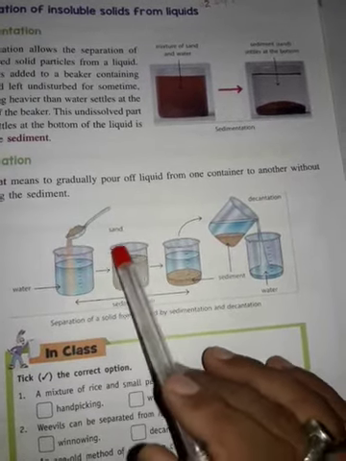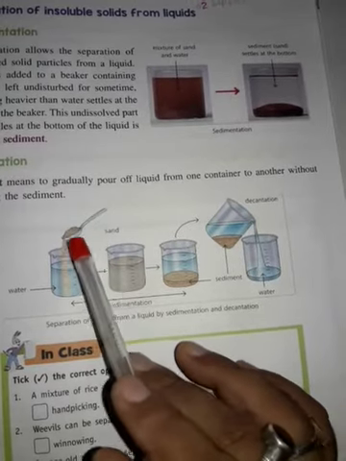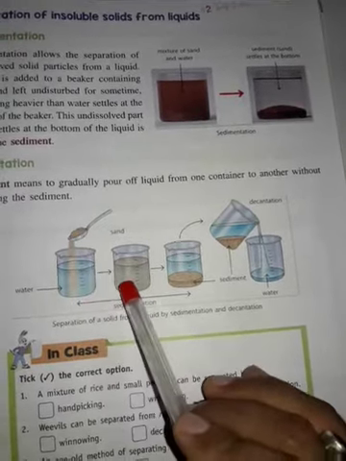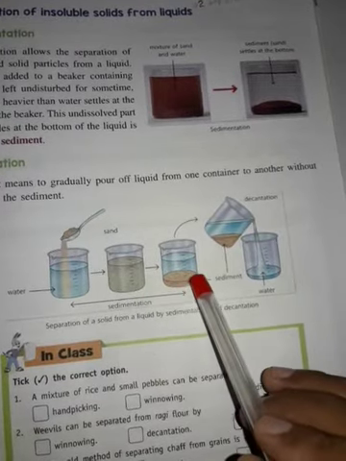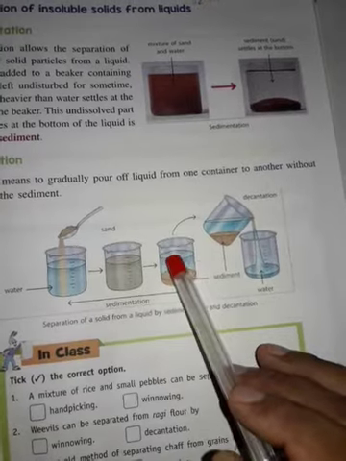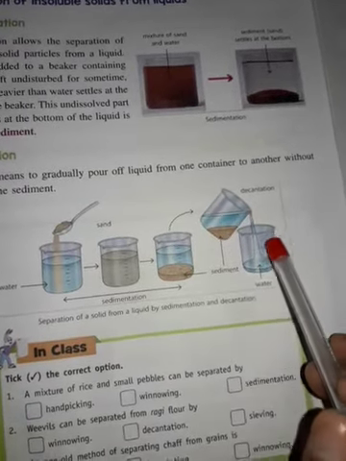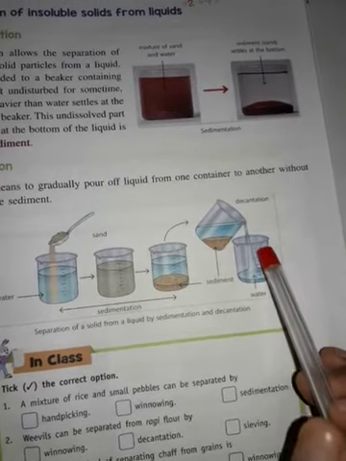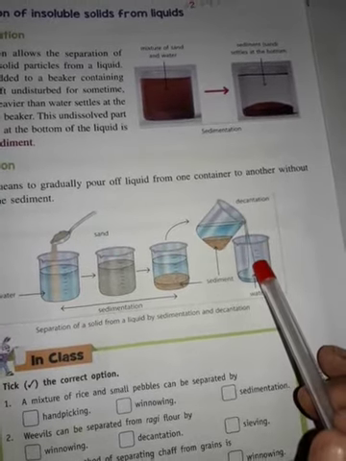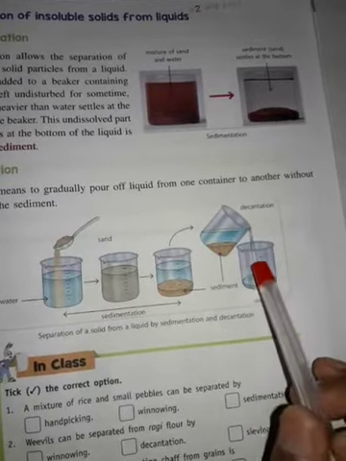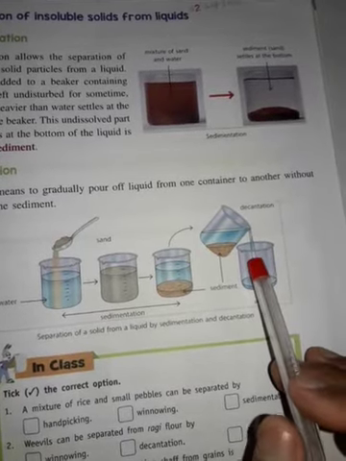We know the sand particles do not dissolve in water, and without disturbing the sediment, the upper part of the water is poured into another container, and this process is called decantation.